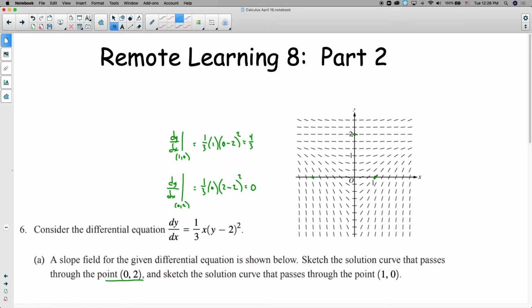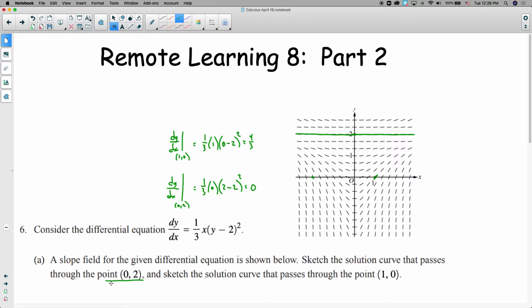So then the curve is flat. And in fact, everywhere the curve is flat. All the tangent slopes are 0. So then this is the answer to the first part. I've sketched the solution curve that passes through the point (0, 2).